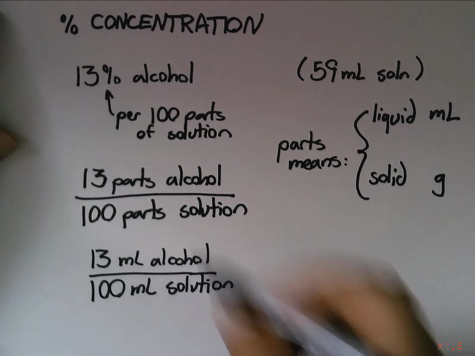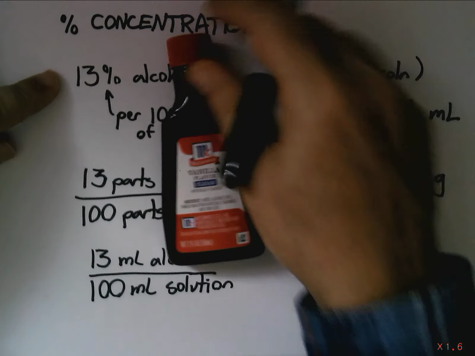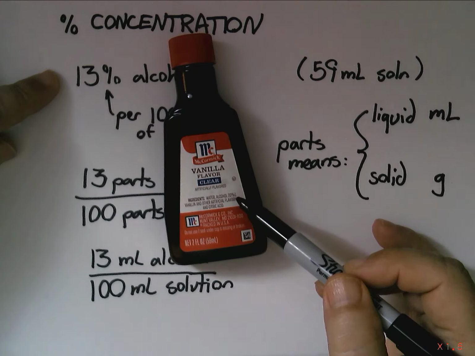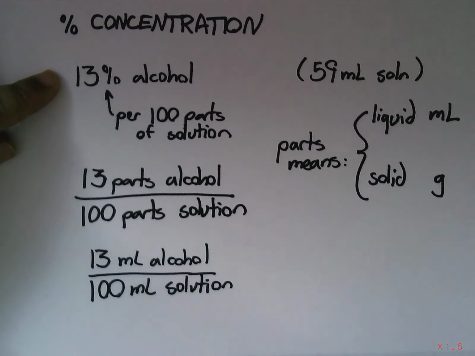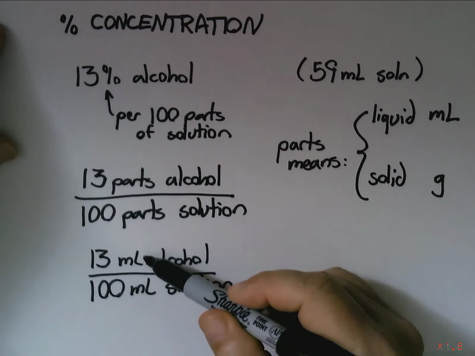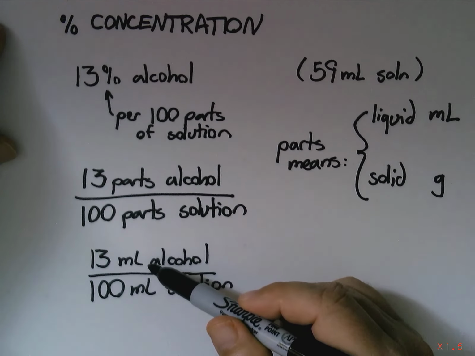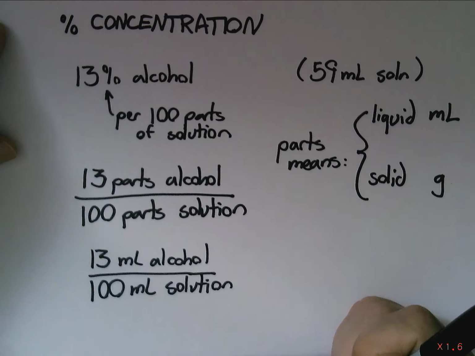Now, you can write the percentage a better way than they did on the bottle. They didn't really care too much. They wanted to give you a rough idea how much alcohol was in there, but they didn't care all that much. If you put grams there, that's a whole different concentration because 13 milliliters of alcohol is not the same as 13 grams. So this does matter.